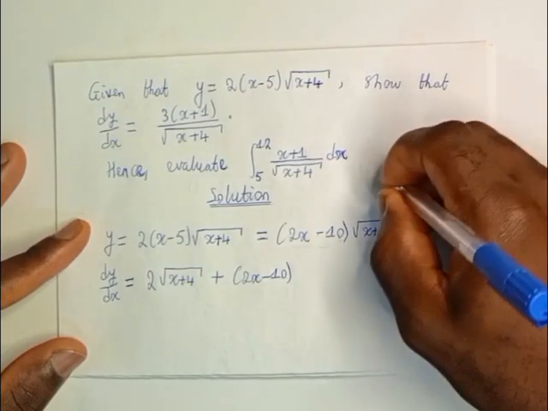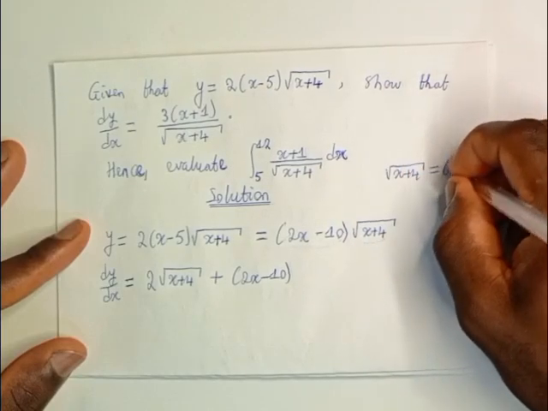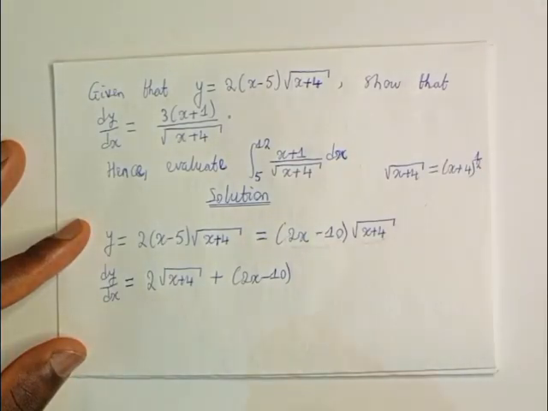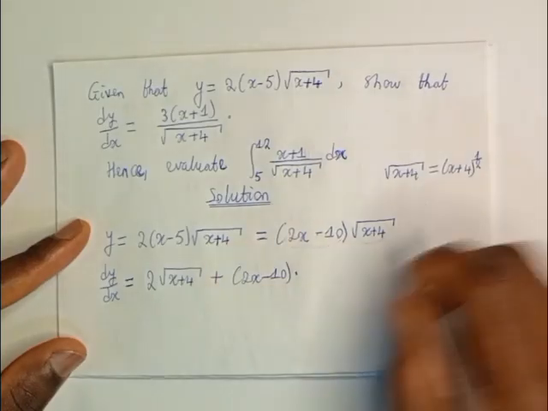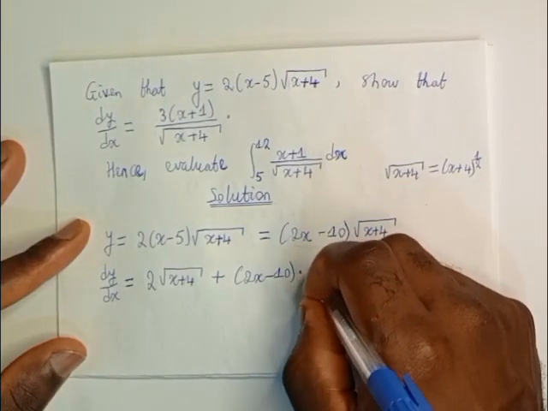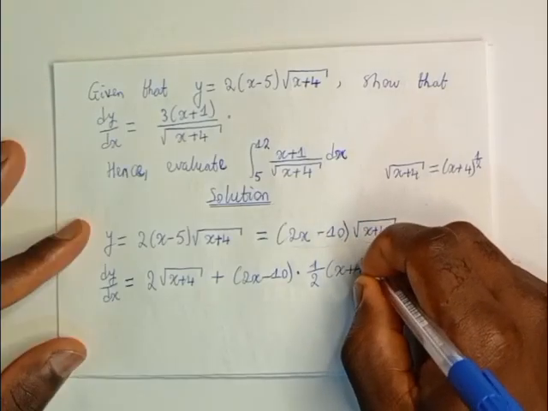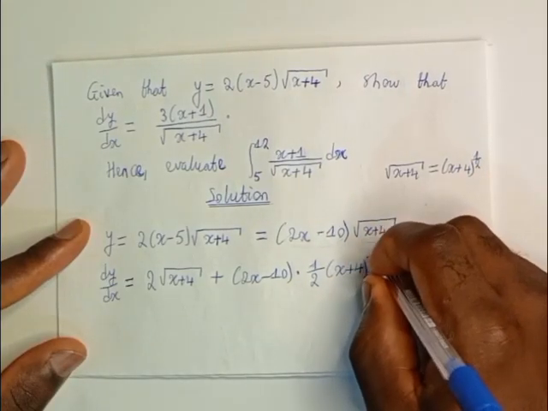Remember, the square root of x plus 4 can be expressed as x plus 4, all this raised to the power half. Differentiating this, it will simply give us a half times x plus 4 raised to the power half minus 1, which gives us negative a half.